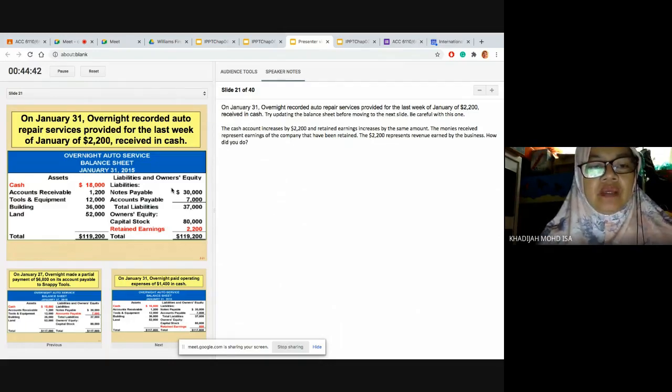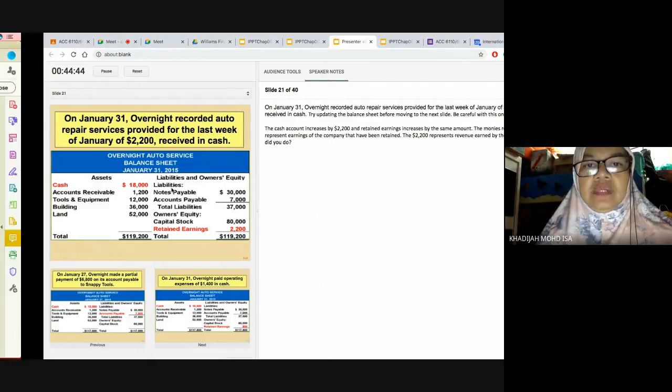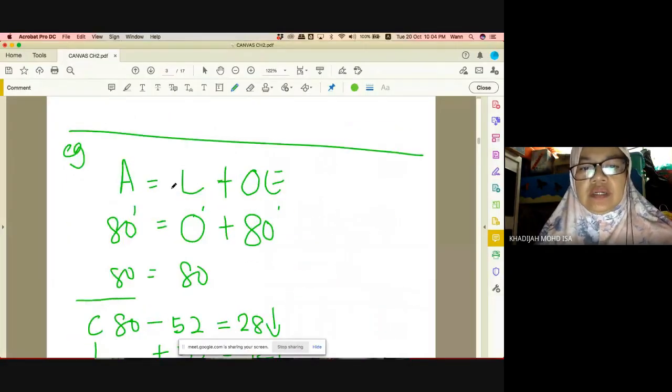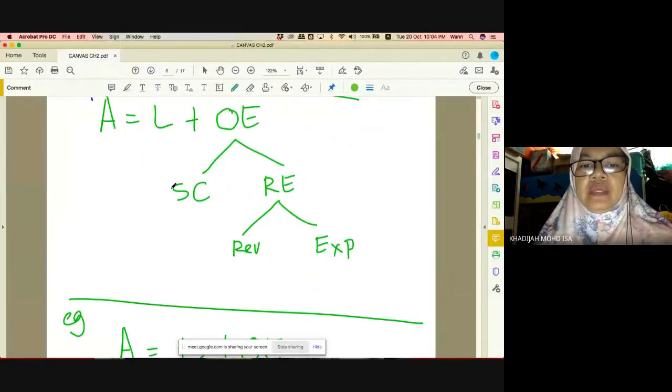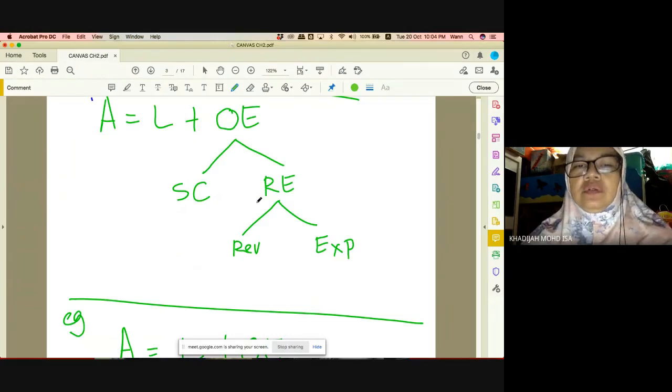Remember the revenue we talked about earlier? Where is revenue? Here. Revenue is part of owner's equity. Logically, whenever you have revenue, do you like revenue or expenses?